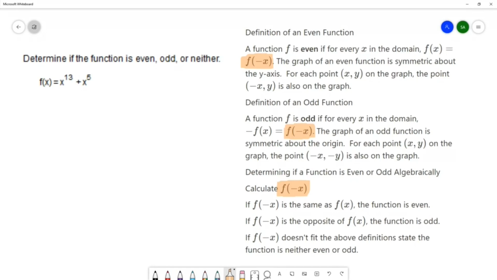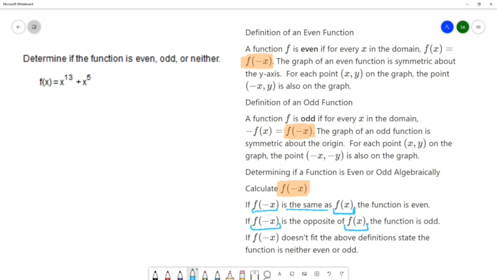And once we calculate it, we're going to see if that calculation comes out to be the same as the original function, or if it comes out to be the opposite of the original function.